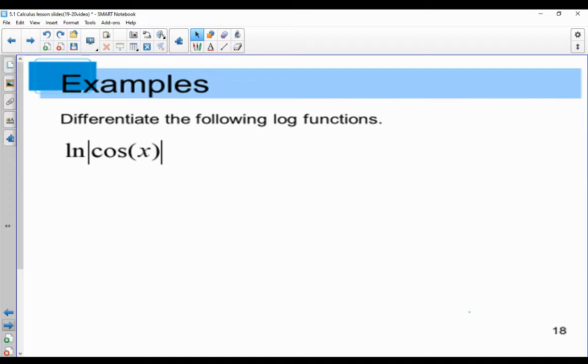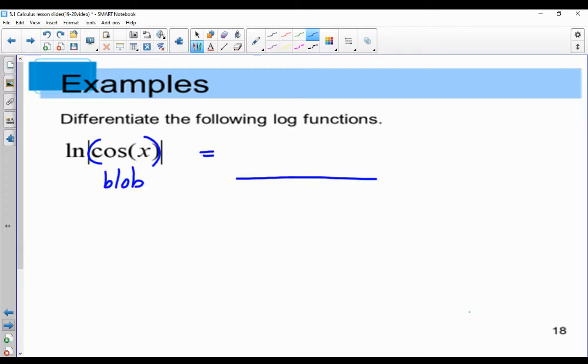So just wanted to point that out. But anyway, moving on. So remember, we basically have to look at the blob on the inside. And again, we just have to derive the blob, and that'll be on top, and the bottom will be the original blob.